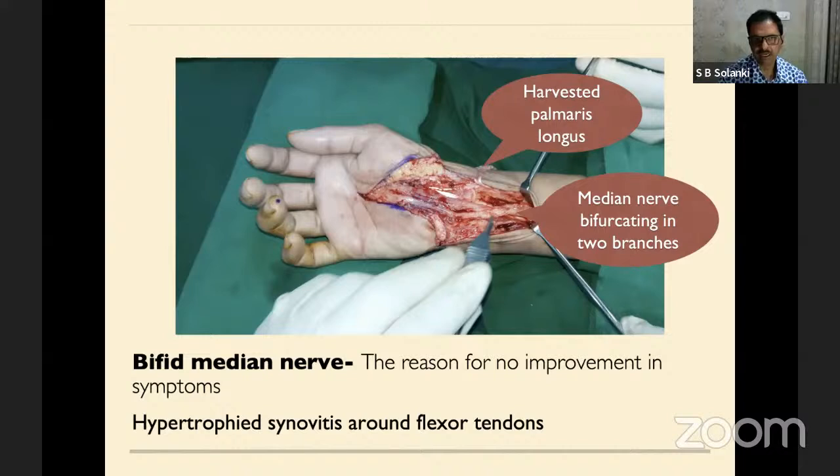Okay. It's very interesting to see a bifid median nerve, and the way you showed the pre-op video, I think it would be worthwhile demonstrating the post-op video as well, because that will give you a very good comparison of what you have achieved, and definitely a very interesting case. Yes, sir.